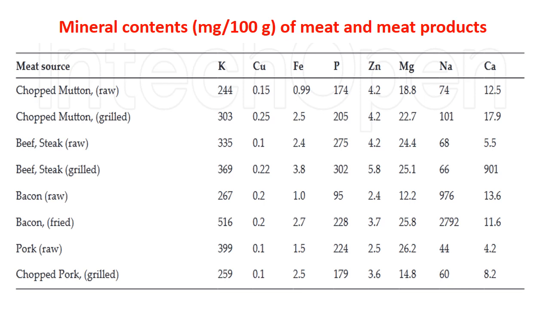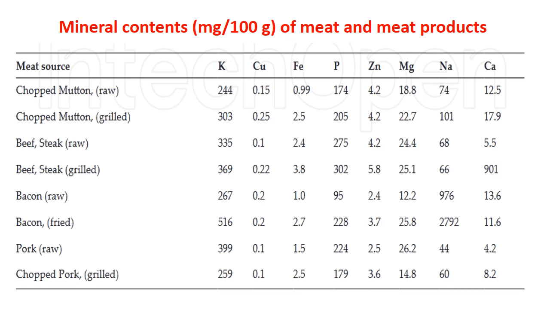Potassium is at a very high level in all the meats, but highest in bacon. Copper is in the range of 0.1 to 0.2, relatively higher in mutton and beef. Iron is higher in beef and equally good in mutton and bacon.